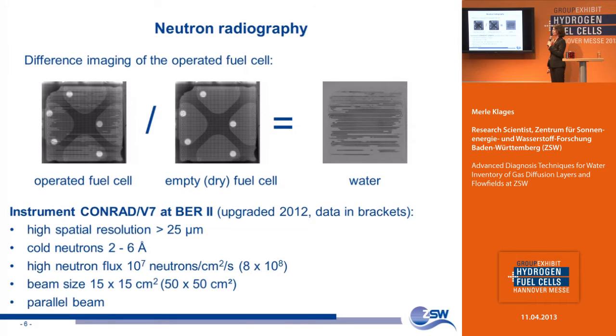We did images with an optical resolution of 25 micrometer per pixel with a small fuel cell, and with a normal, state-of-the-art fuel cell of 100 square centimeters, we get a resolution of 69 micrometer per pixel.